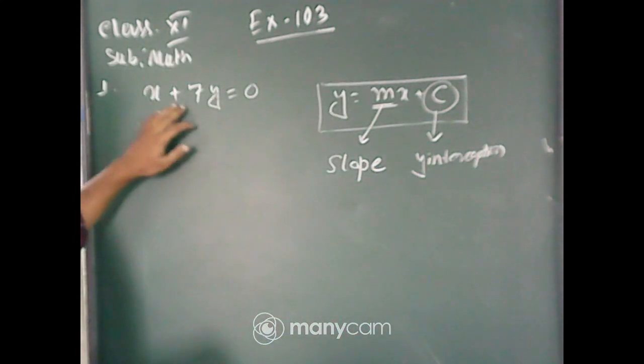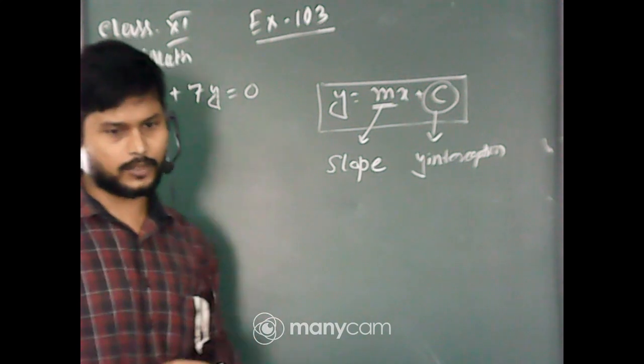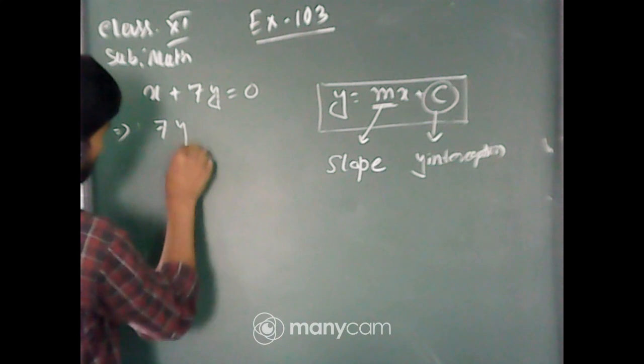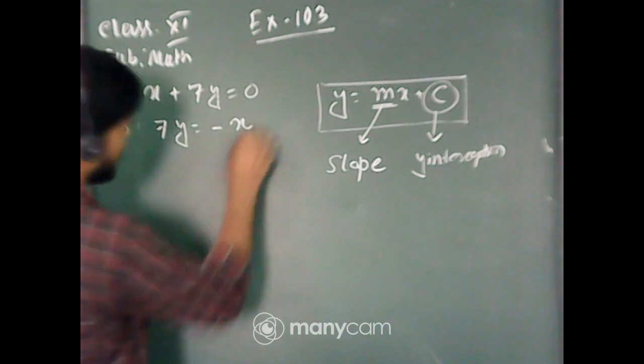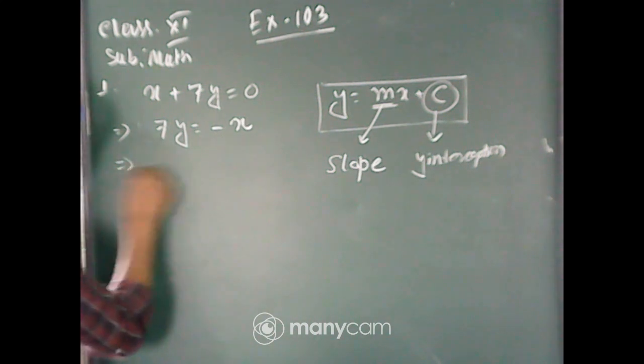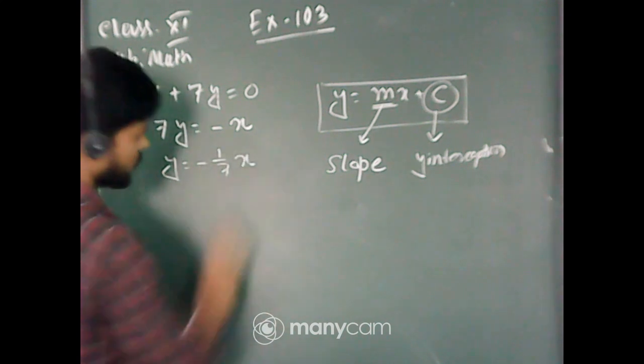We have to put this equation in this form and find the y intercept. So from here we can write 7y is equal to minus x. So what is the value of y? y will be minus 1 by 7x.